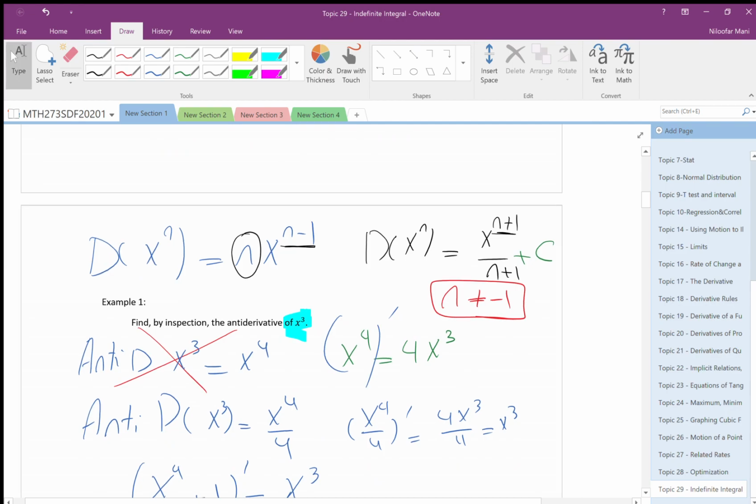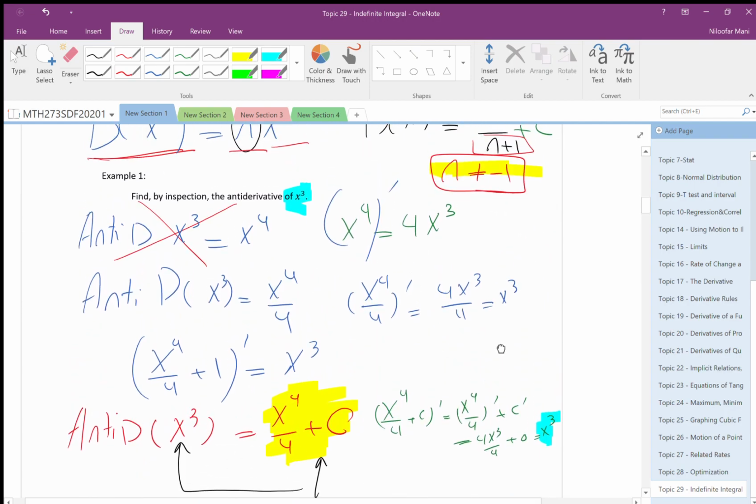Before, I used to say the derivative of this is n times x power n minus 1. Here I have to add one to the power, and instead of multiplying, I have to divide by that number, n plus 1. And I have to mention n is not minus 1, because otherwise it will be divided by 0.